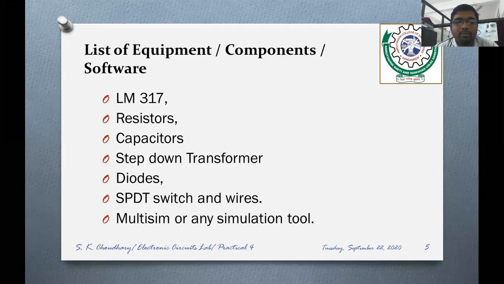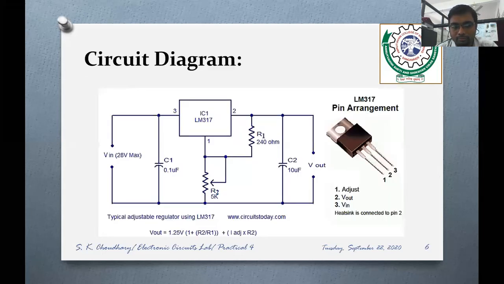Then diodes or rectifier ICs are also available nowadays. SPDT switch, single pole double throw switch, and wires. And since we are conducting it on software, we require Multisim software or any other simulation software. You can also use PSpice and other circuit simulation software.